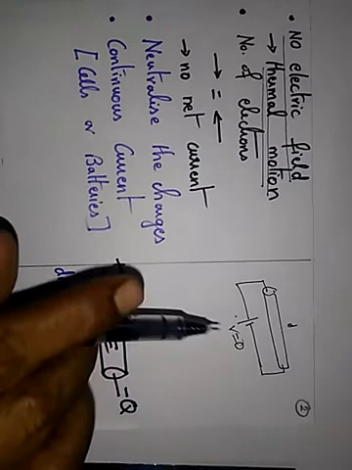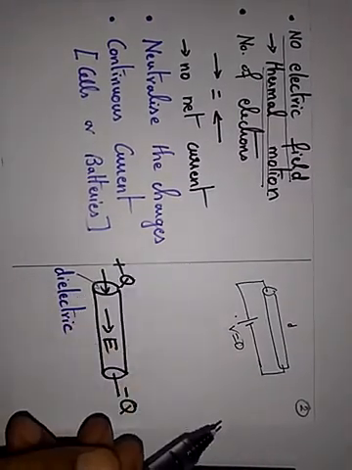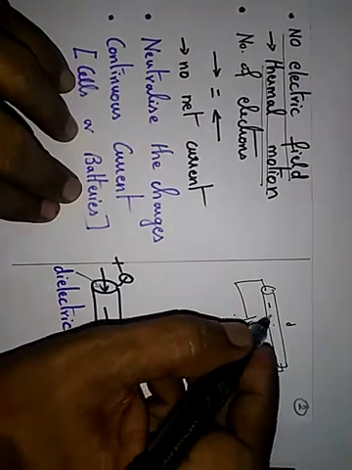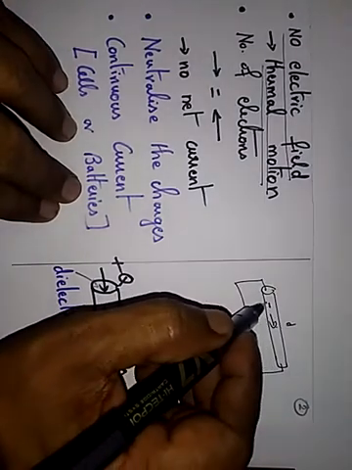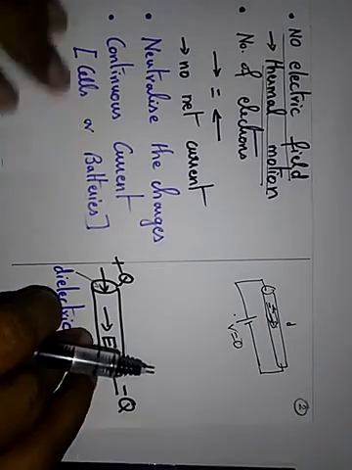An electron colliding with an ion emerges with the same speed as before the collision. So the electron is here, it is hitting an ion, and after hitting, the velocity and the bounce-back velocity, or the return velocity, will be the same.